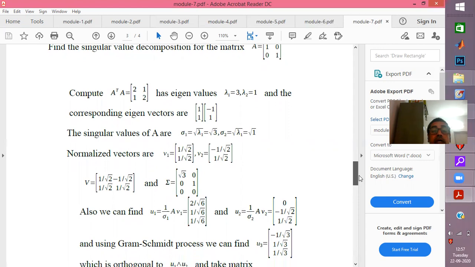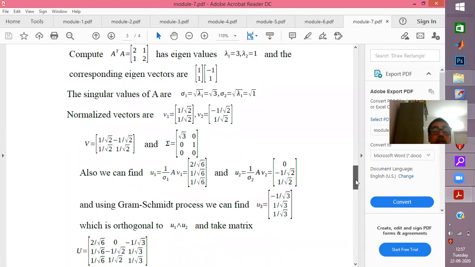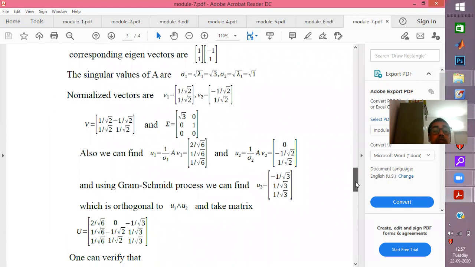The normalized eigenvectors will be 1 by root 2, 1 by root 2, and minus 1 by root 2, 1 by root 2. So the matrix V is built using these as columns. Of course, sigma will be the same order as the matrix A, so you use root 3 and 1 along the diagonal, keeping others as 0.